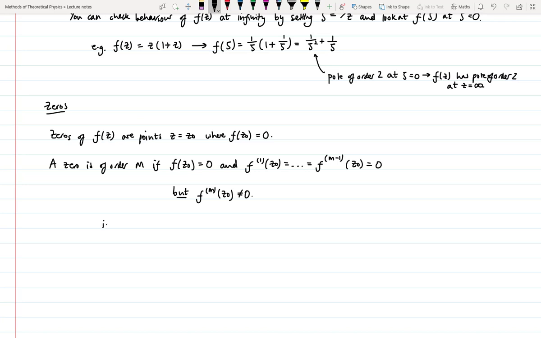Putting this another way, we say that the first non-zero term in the Taylor expansion is Pm (z minus z0) to the m, with m as a positive integer.